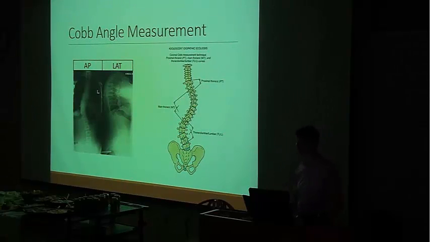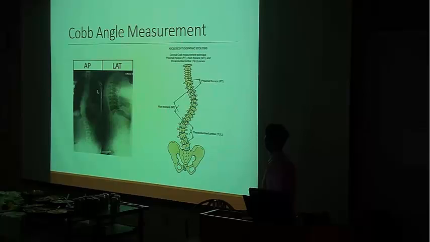So measuring this curve angle essentially involves looking at the whole spine, examining all the vertebrae, looking at the two most tilted vertebrae, and then measuring the angles between those two.